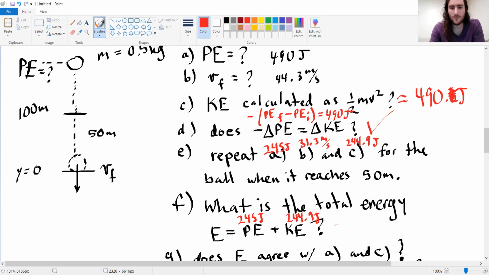If we add those up, we get 489.9, which is the 490 joules that we started with, right? The 490 joules that we started with in the beginning, that is our total energy.